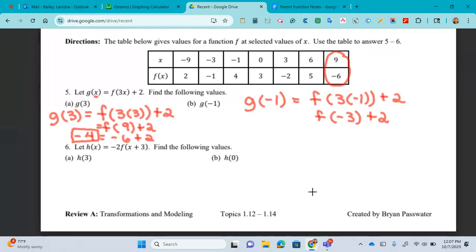When my x is -3, my y is -1. So that's -1 plus 2, which gives me my answer as 1. Any questions?